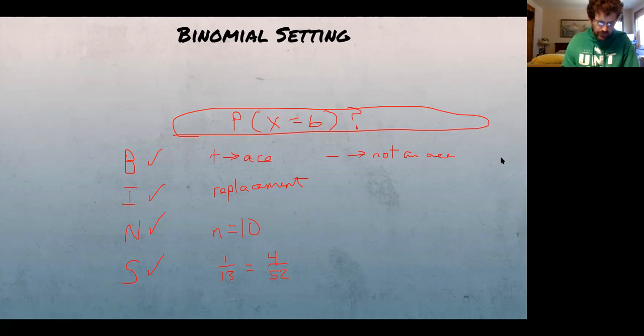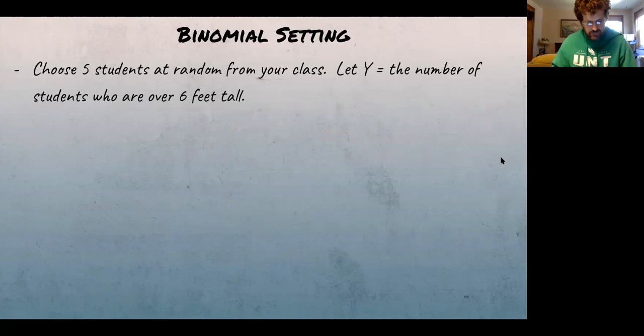Next one. We're going to choose 5 students at random from the class. Let y equal the number of students who are over 6 feet tall.